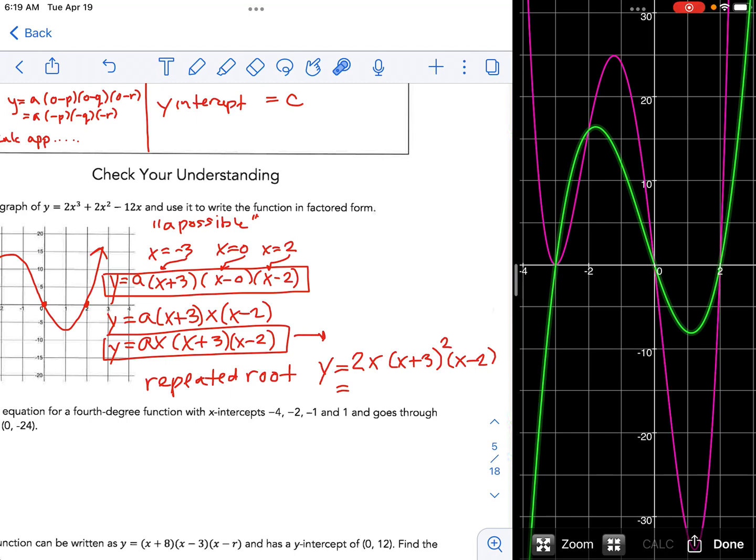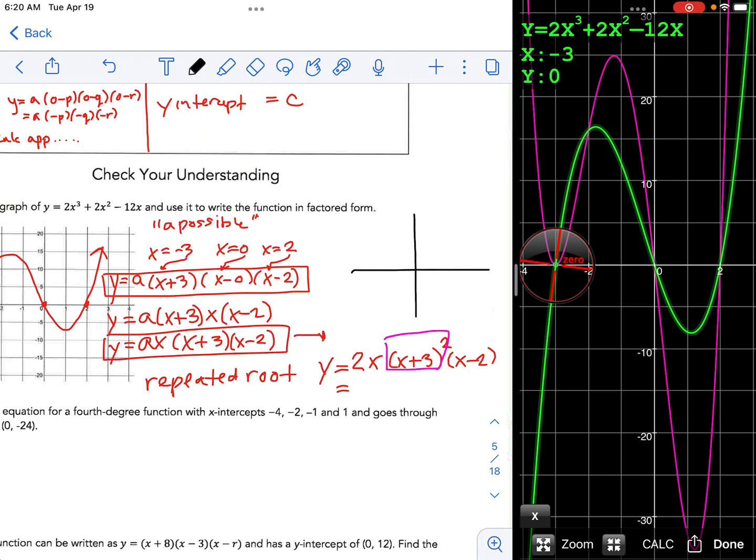Okay, it's the purple graph. Notice that where I repeated the root, we get this. Instead of going through, it comes from above and then hits the axis and goes back to the same side. So a repeated root has that characteristic.